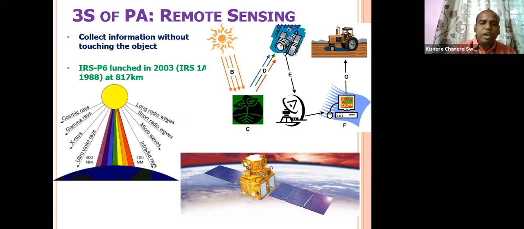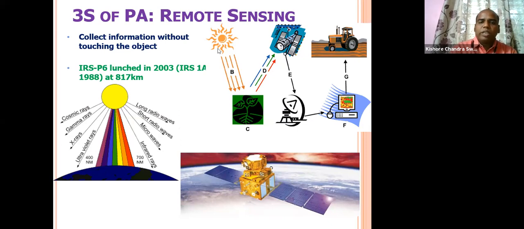If you go beyond, we have infrared, microwave, short radio waves, long radio waves, and on the other side we have ultraviolet rays, X-rays, gamma rays, and cosmic rays. In agriculture, we are using infrared rays and microwaves. If we have cloud cover, we cannot get a good image, but microwaves can pass through the clouds, so they can be used for remote sensing applications particularly during cloudy conditions.